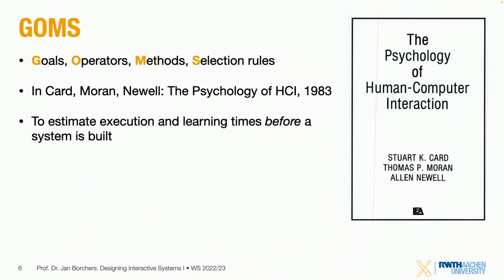It was published, get this, in a book, The Psychology of HCI, in 1983. So it's like ancient. They almost chiseled this into stone, right, at this time. And this is, of course, by Stu Card, Tom Moran, and Al Newell. And some of these names might ring a bell from this class.